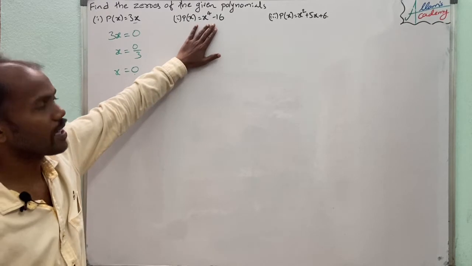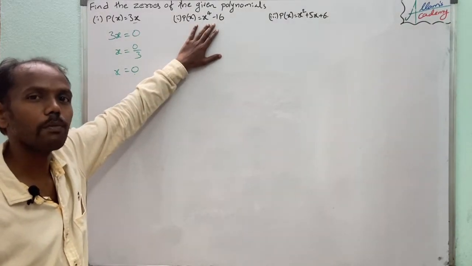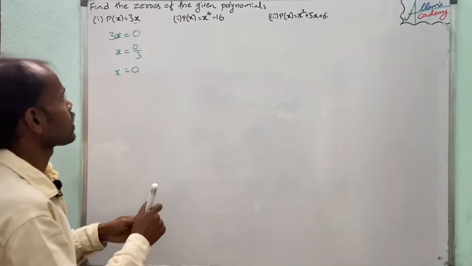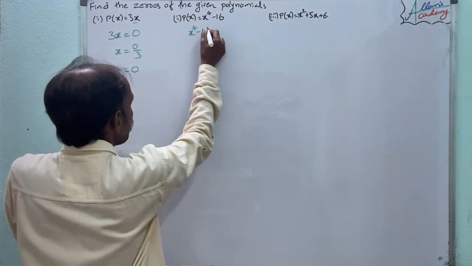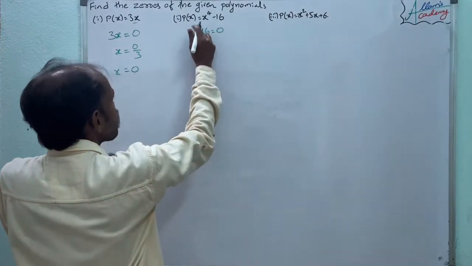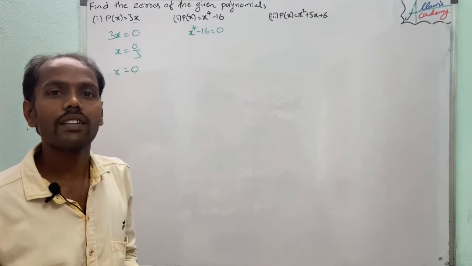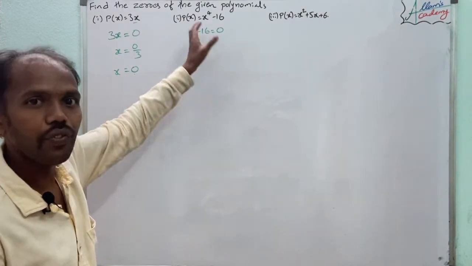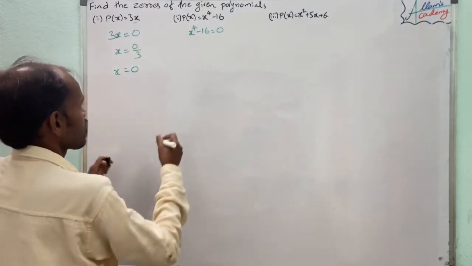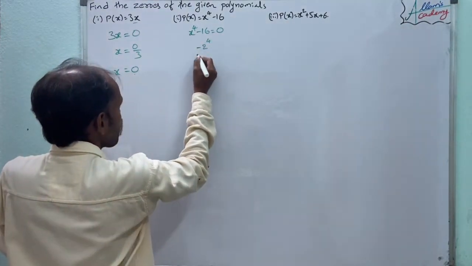In the same way, now this problem: p of x equals x power 4 minus 16. That means x power 4 minus 16 equals 0. Power 4 we have no chance to factorize directly, but 16 we can write as 4 square, and 4 square is nothing but 2 power 4.